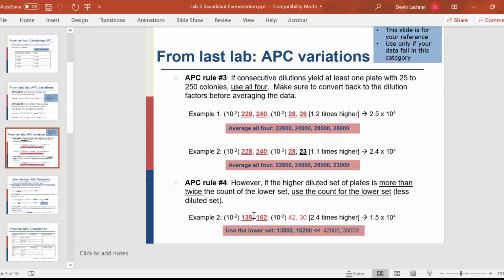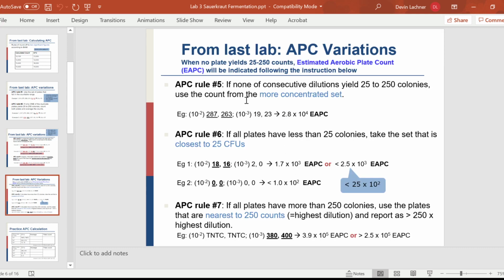So in this case, the difference between these numbers is 2.5 times higher, right? So 13,800 and 16,200 are quite a bit bigger than these two, then we don't want to be using these, because there's a lot higher chance that they're going to have error involved since they're lower. So then we're going to be using these larger numbers, which are less diluted, right? Because the numbers are bigger because we've diluted it fewer times.